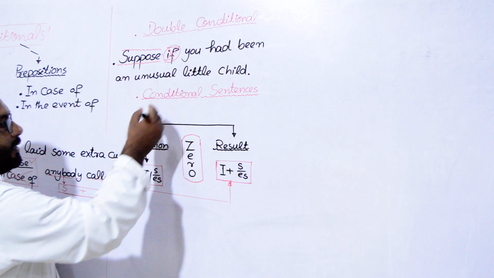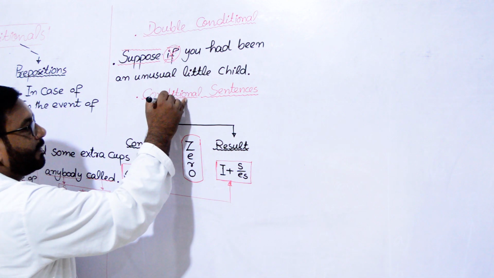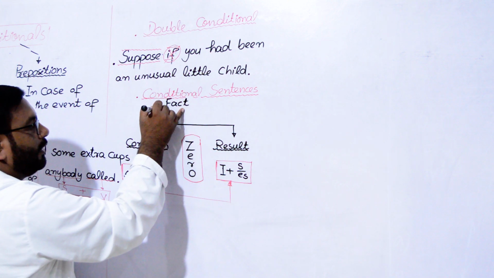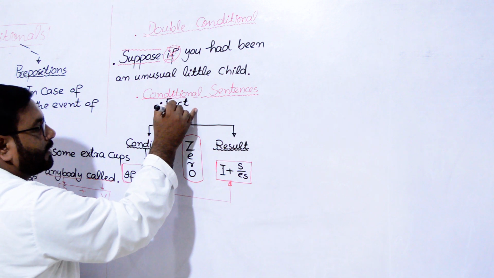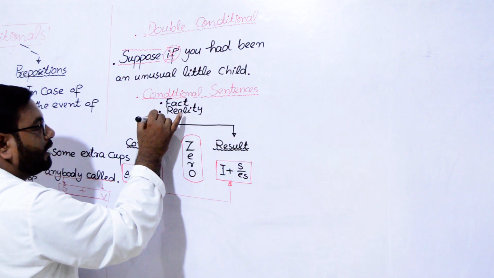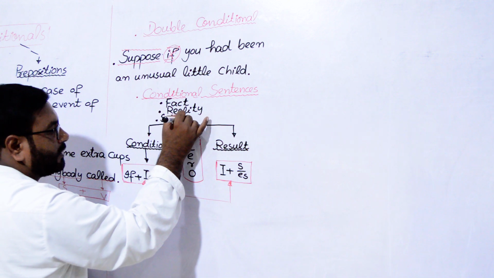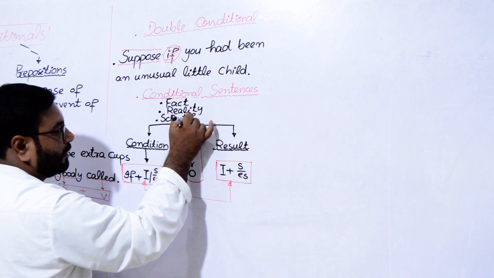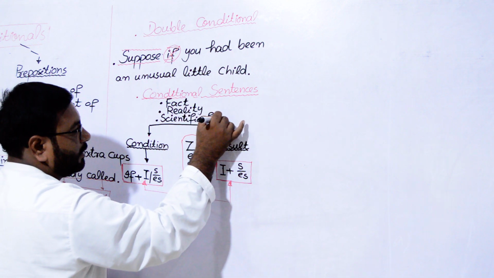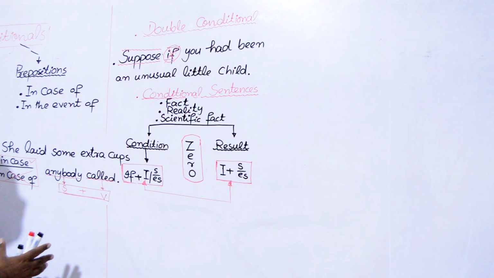The reason being that if the idea presented is a fact, if the idea presented is a reality, if the idea presented is a scientific fact, we must use zero conditional. Why do we have zero conditional?